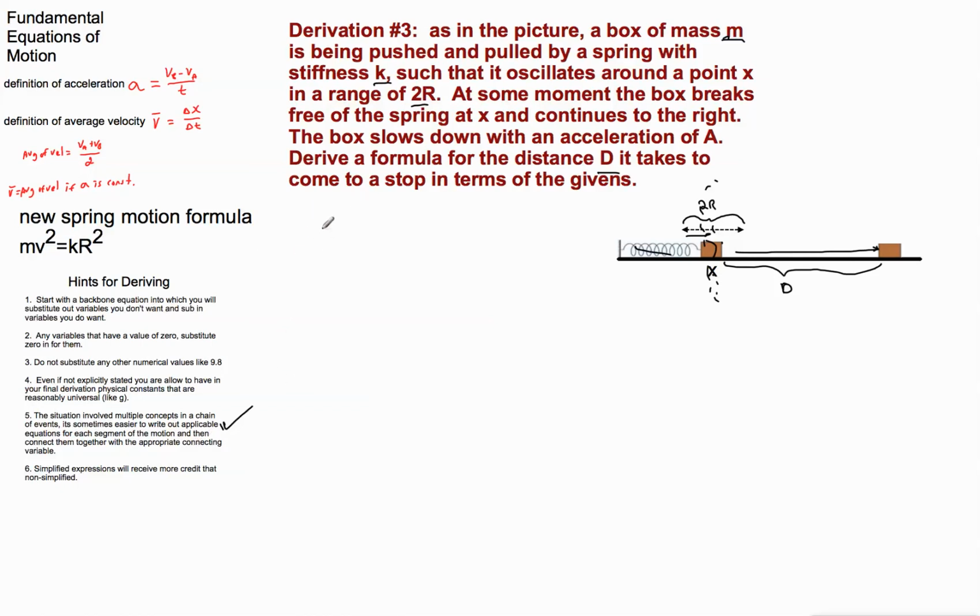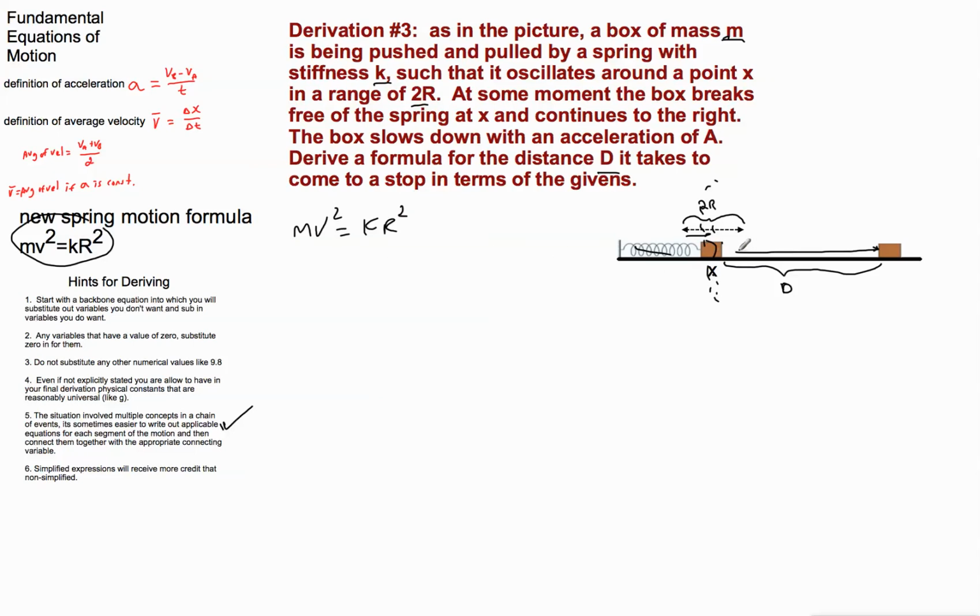All right, so let's start with the thing that's going to connect them. And what I realize is that as this thing breaks away, it's going to slide this way. And the faster it's moving, the further it's going to slide. So when I look at this new spring formula over here, I realize that what I care about out of this is not the mass of the thing or the stiffness or this range it's oscillating under, but rather the speed at which it's going.